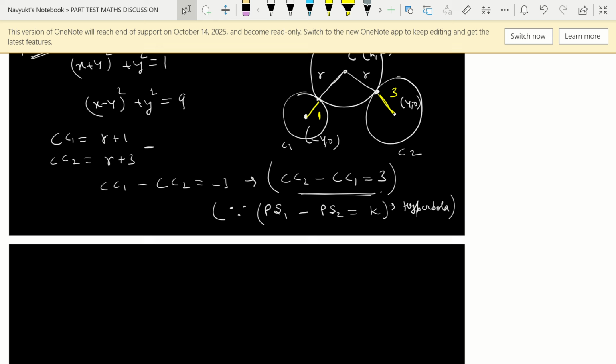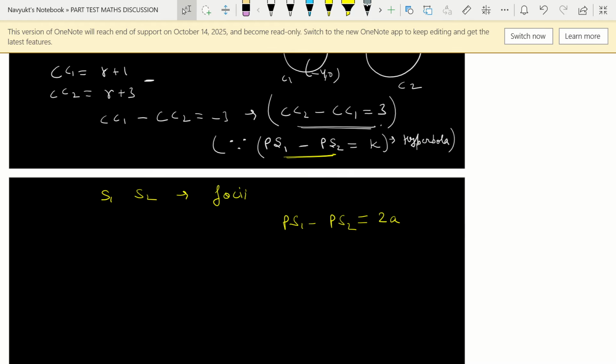So how to find it? Now, as we all know, for this kind of hyperbola, S1, S2 are the foci, correct? And the value PS1 minus PS2 for a standard hyperbola comes out to be 2a, the length of its major axis.